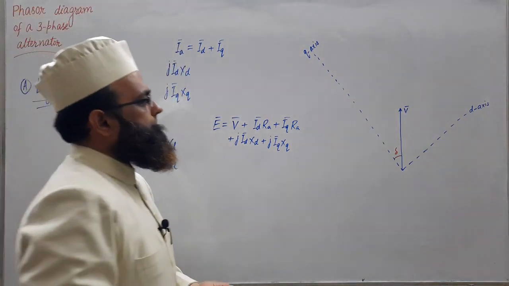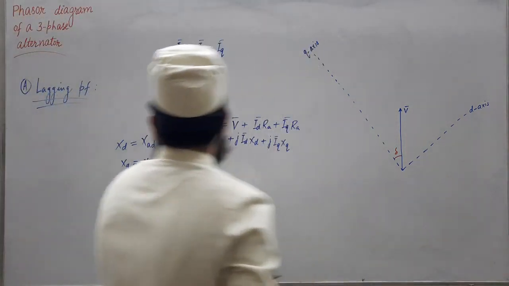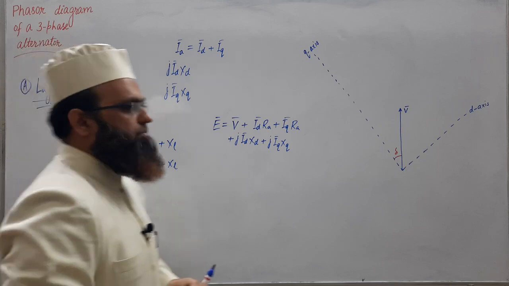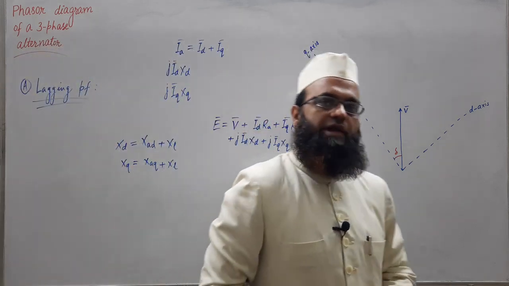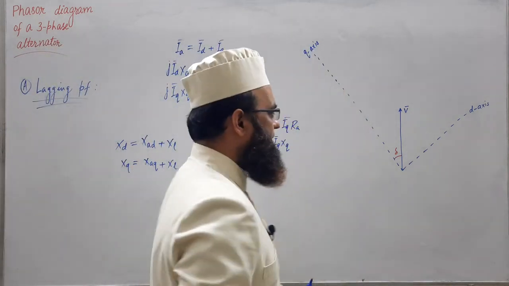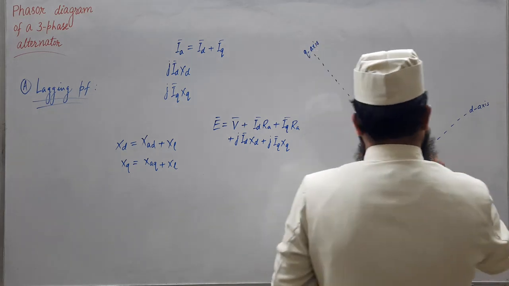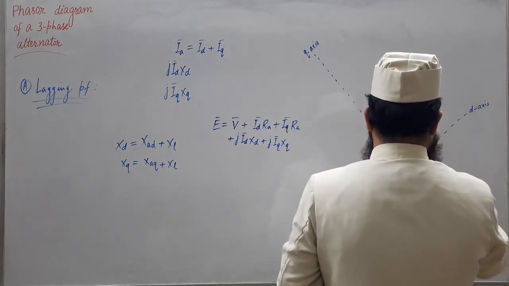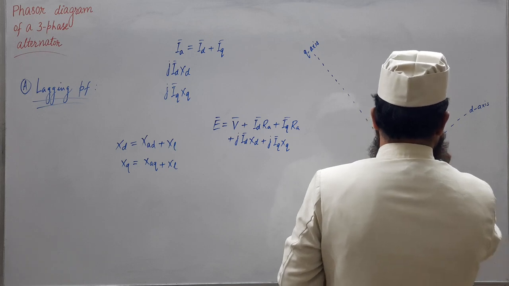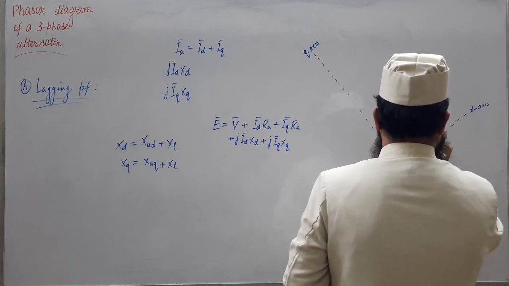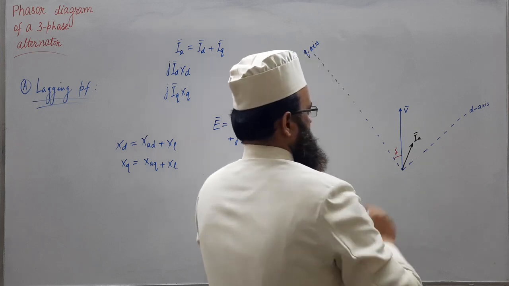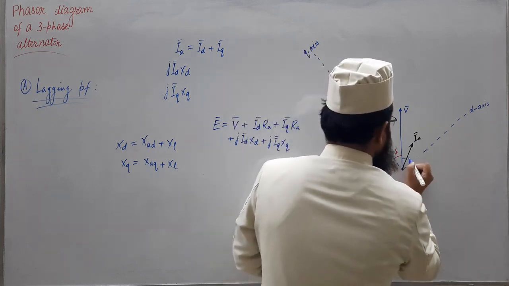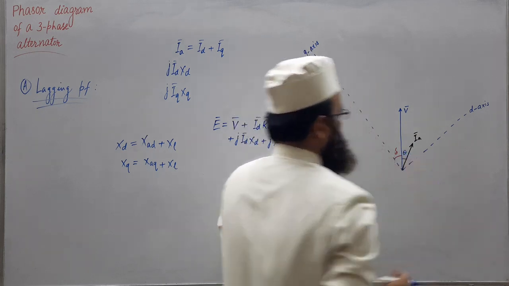Now we are considering lagging power factor. Lagging power factor means the current phasor is lagging the voltage phasor by an angle. Let us represent this as IA, lagging by some power factor angle theta.